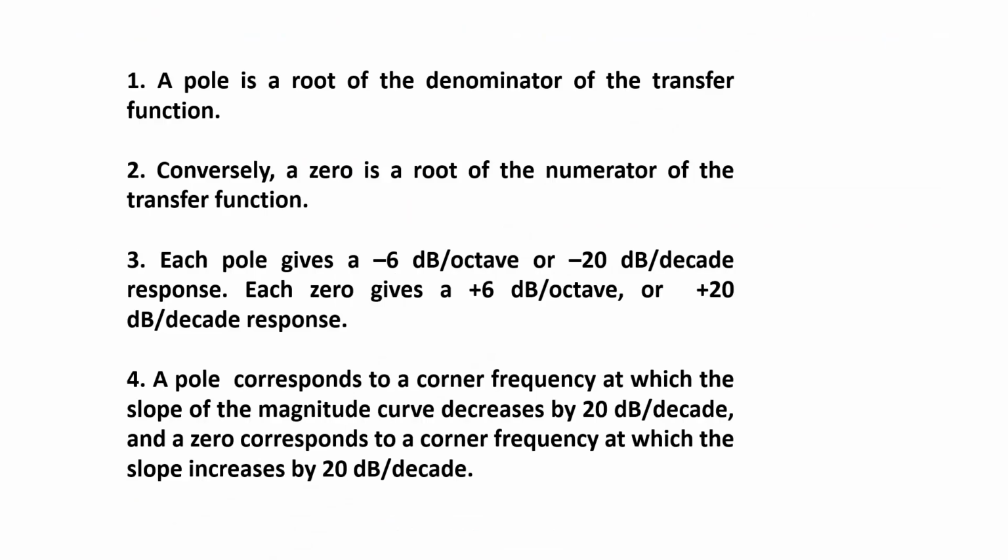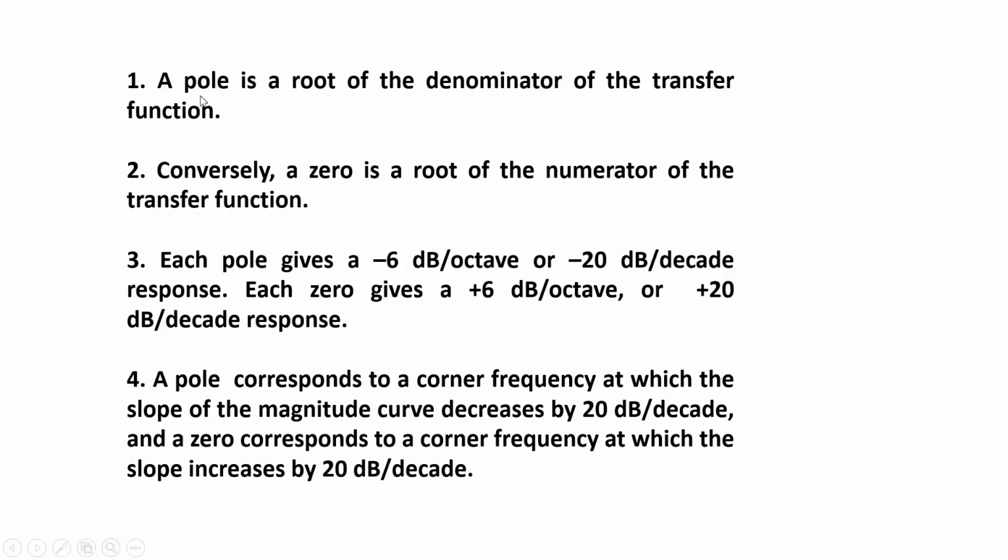Now let's go a little deeper into the behavior of the transfer functions. We know that zeros lie in the numerator and explain those values for which the transfer function goes to 0, and poles represent the values on the denominator side, those values for which the transfer function goes to infinity.